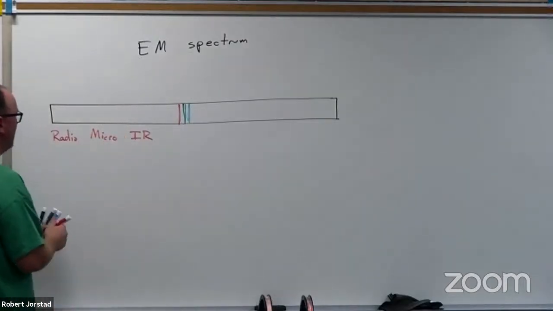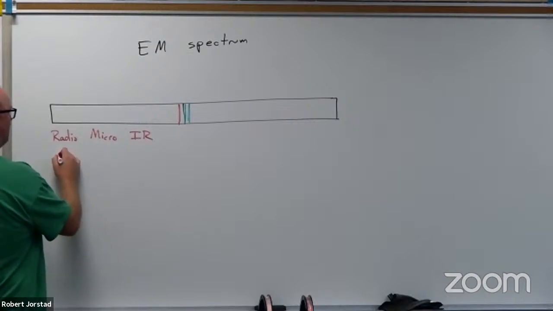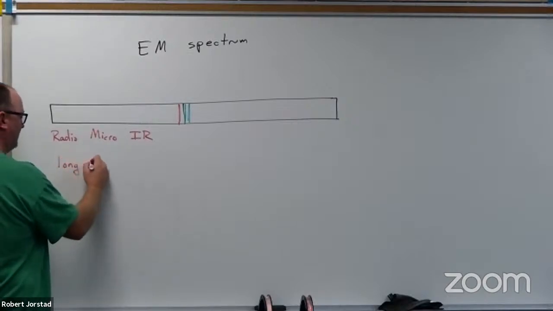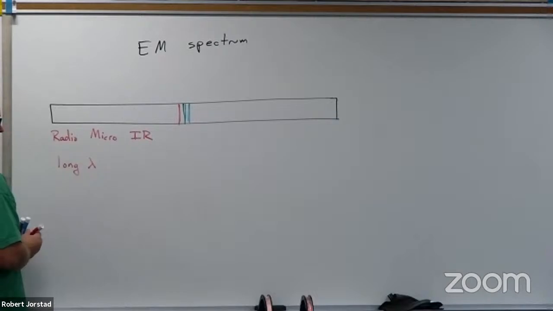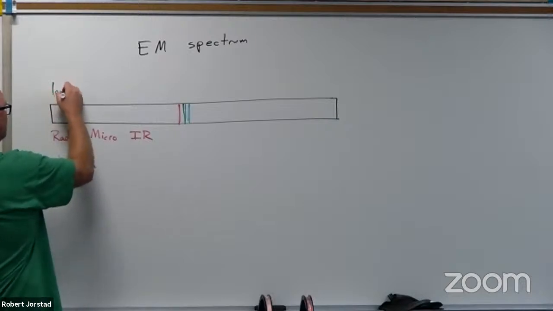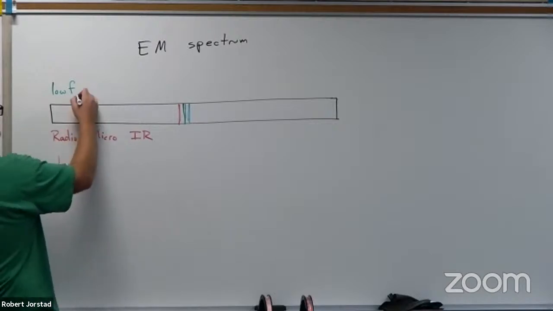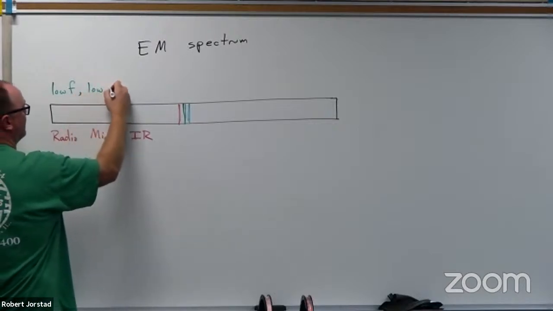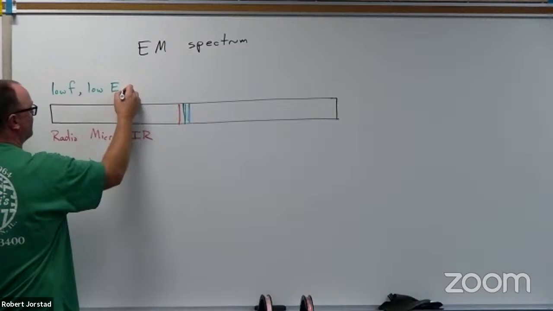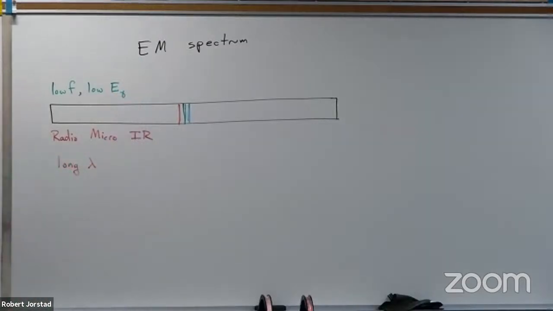These were long wavelengths, long lambda, or you could consider them low frequency. If you have a low frequency, that corresponds to low energy. So low energy photons have low frequencies and long wavelengths.